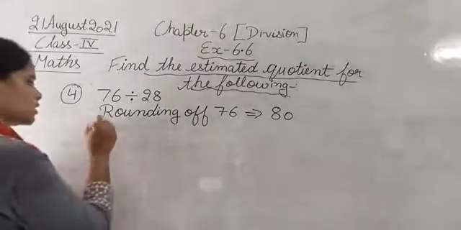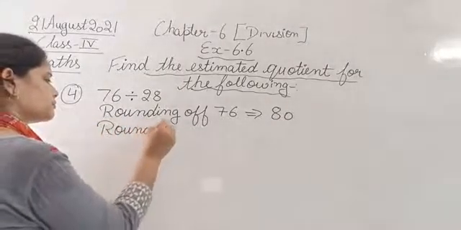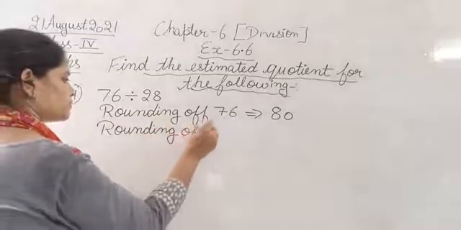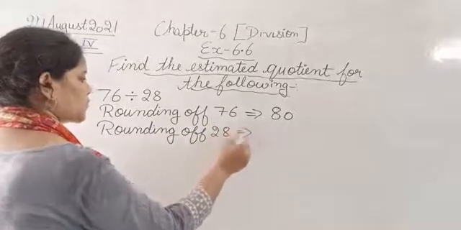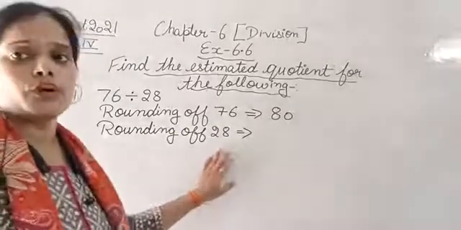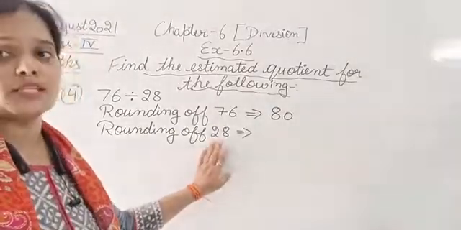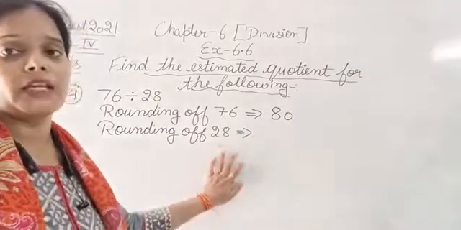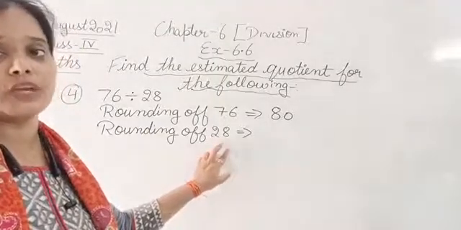Next, rounding off 28. Now we have to round off 28 again. First of all we observe the digit at ones place, because this number as well is a 2-digit number, so its highest place value is tens.